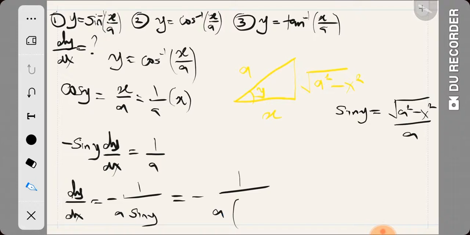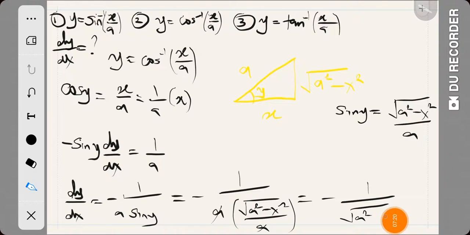Now sine of y is all of this here, so we write square root of a squared minus x squared over a. Of course, this a cancels out, so we have negative 1 over square root of a squared minus x squared. So that is it.